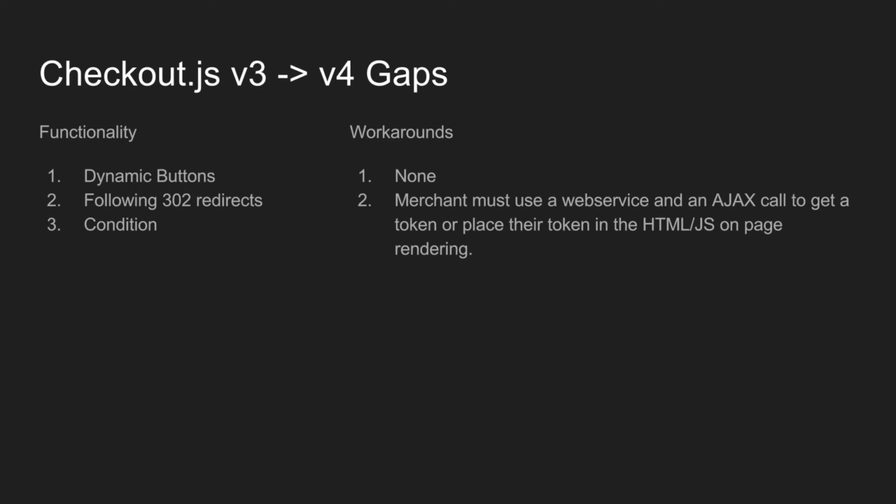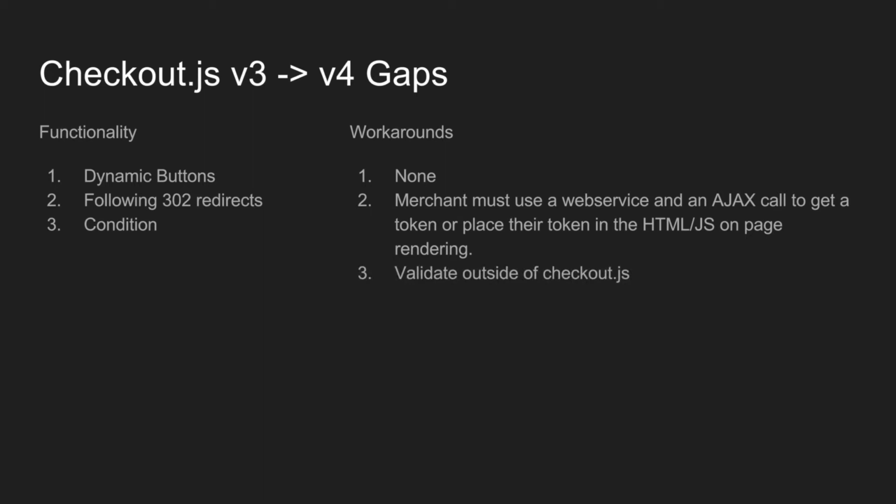For following 302 redirects, the merchant must use a web service in order to get the token, so they'd make an AJAX call to get a token. Alternatively, they could place the token in the HTML on the server load and then use JavaScript to get the token out of a hidden input field. But most likely they're going to want to use a web service.